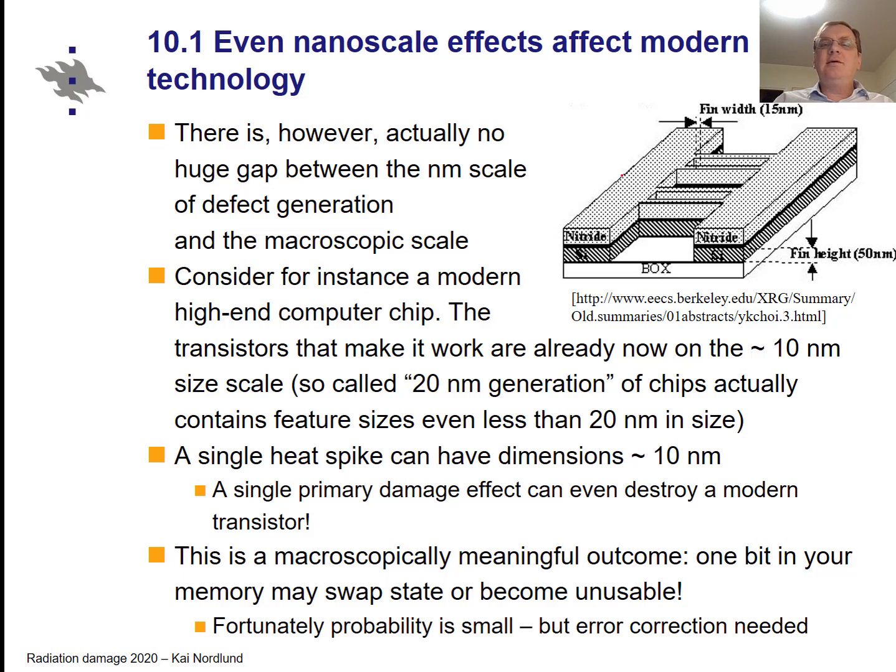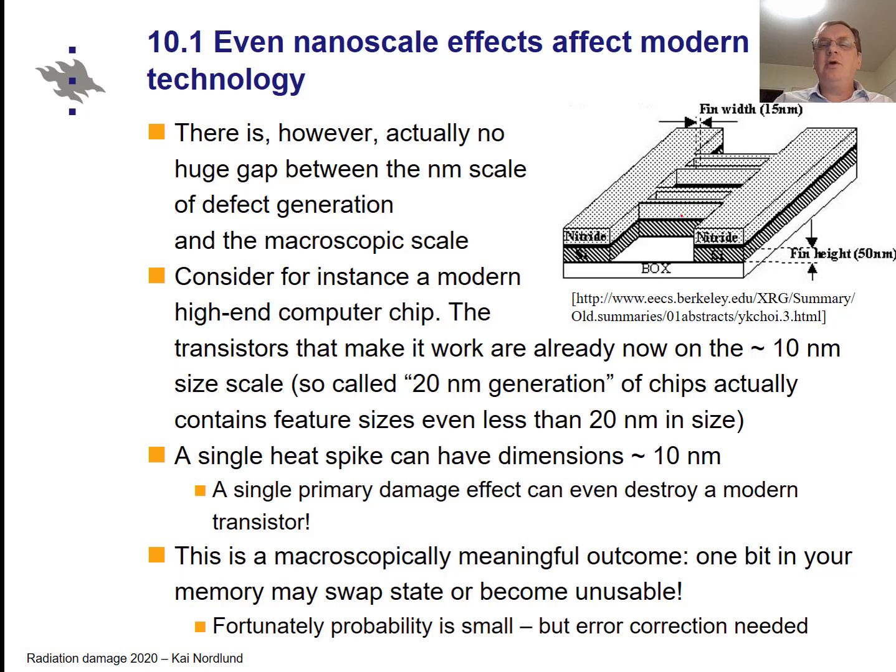Even though I said that the nanoscale is not directly relevant to applications, this in a way is not true, especially in the semiconductor technology. Because in the current semiconductor technology, the transistors have become over the last decades increasingly complicated. They are nothing like what you see in a textbook from, say, the 1970s.